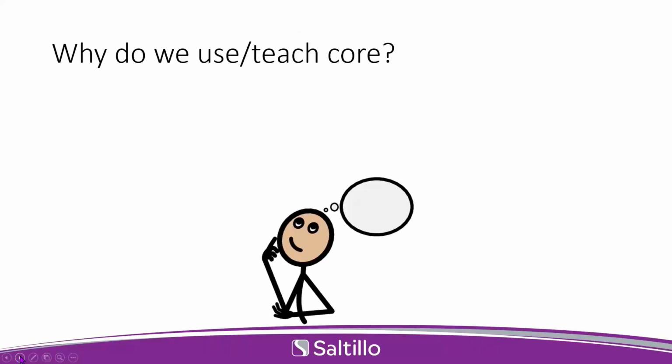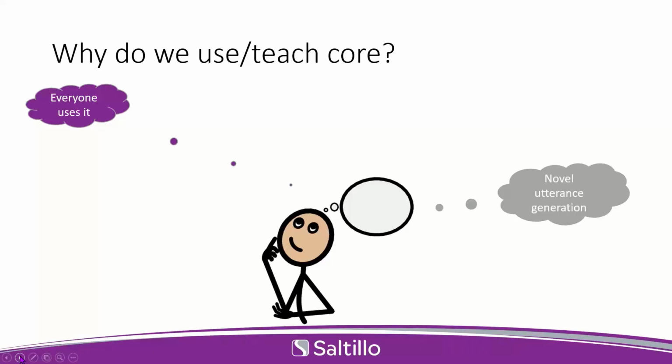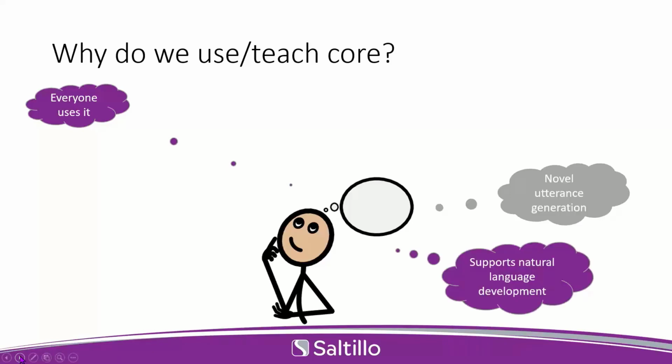But let's talk a little bit more about why we use and teach core. So sentences and phrases allow for speed in the communication process and should be a part of any AAC vocabulary set. However, core allows for flexibility and novel generation. It's useful across contexts, can be combined to increase semantic and syntactic complexity.